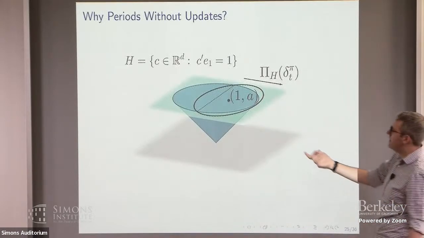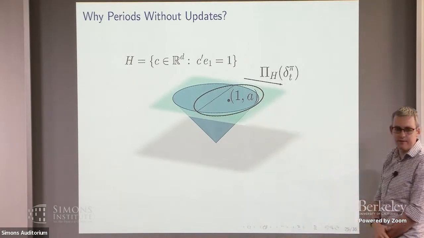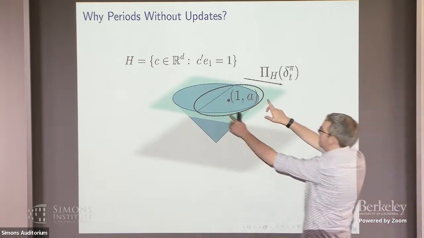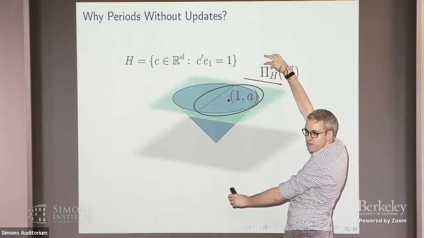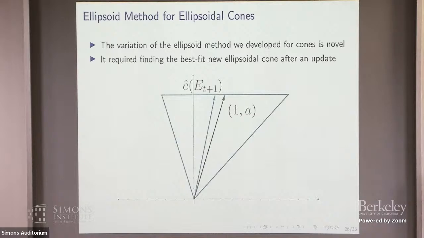And why do we need these no regret periods? That's kind of the cost of using ellipsoids, because ellipsoids have a tendency to become ill-conditioned. So if I cut this thing and it starts shrinking this way, it starts becoming long in this direction. It's a known thing of the ellipsoid method. And if you say, I'm not going to do cuts in small directions, you can avoid this problem of ill-conditioning.